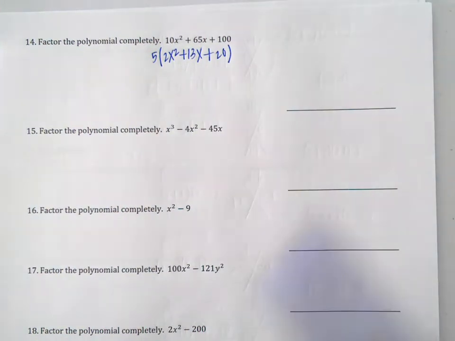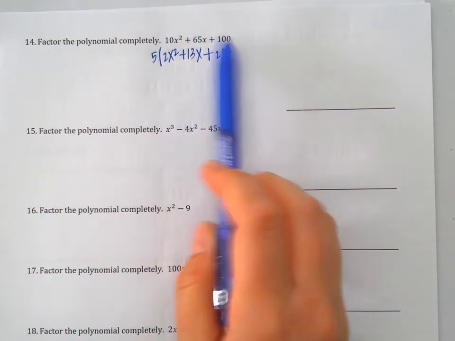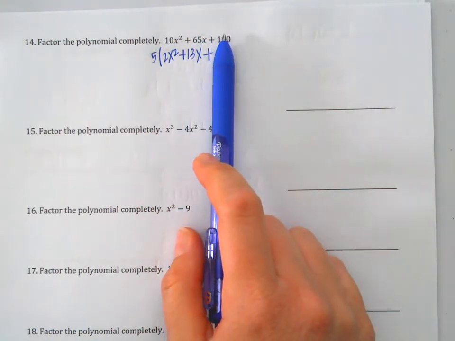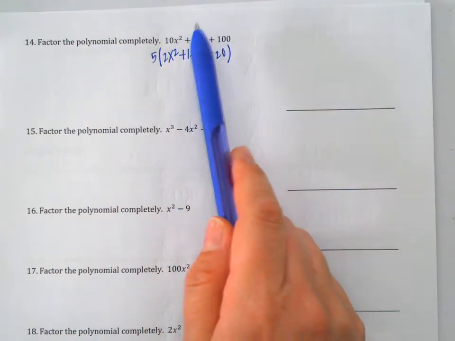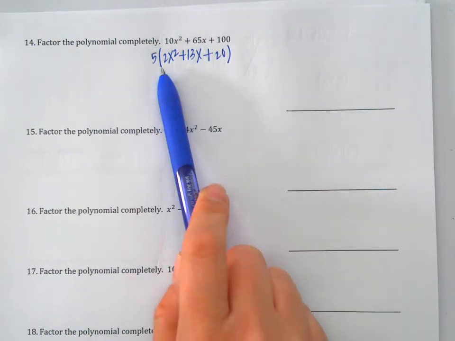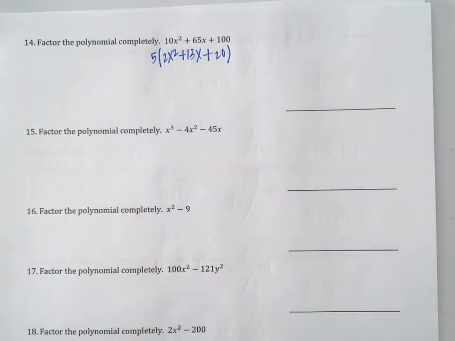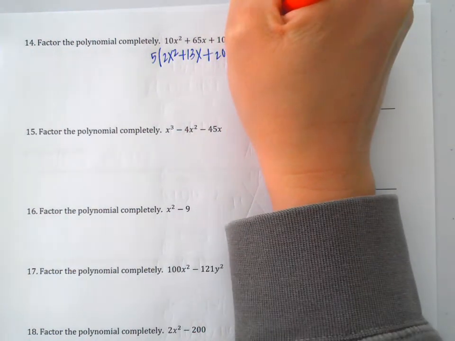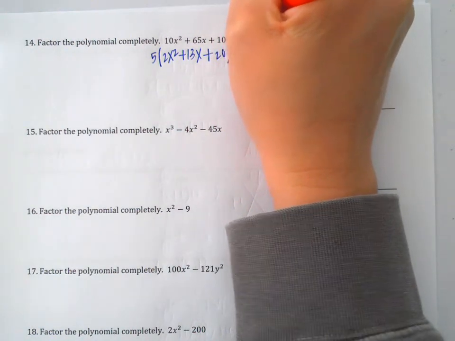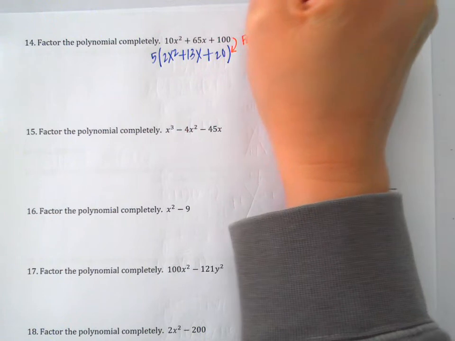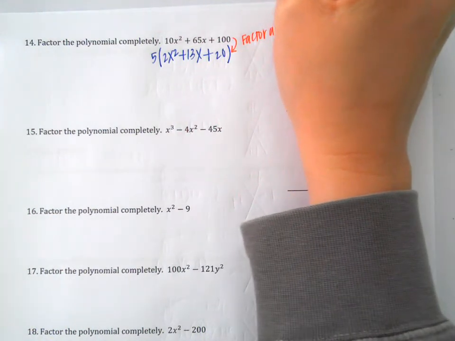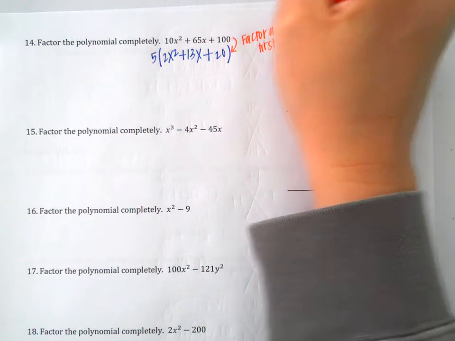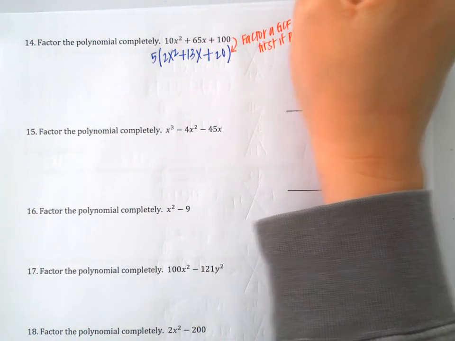So before, that was not manageable, right? 10 times 100 is going to get me 1,000, and that's going to be hard to come up with. Now this is a little bit more manageable. So I always recommend, if there is a GCF, factoring out a GCF first, if possible.